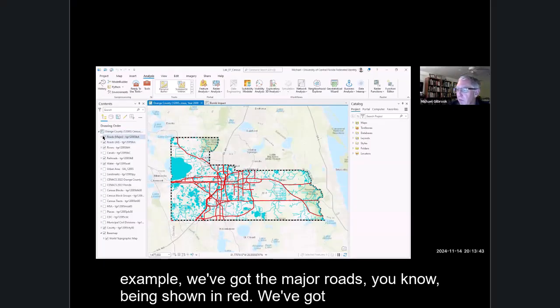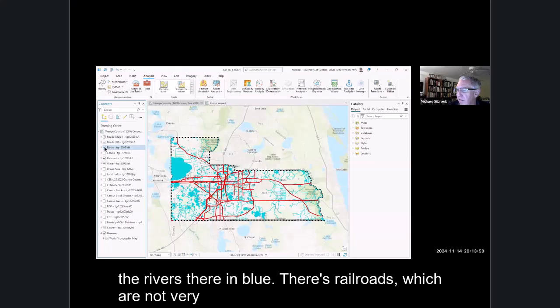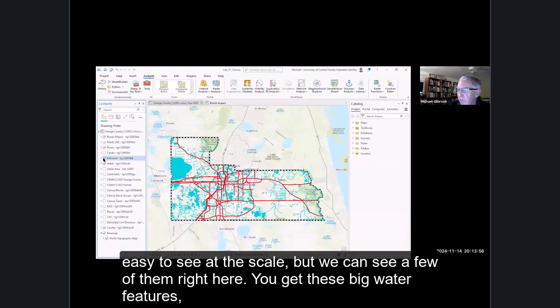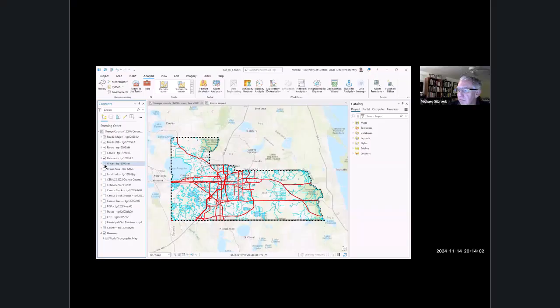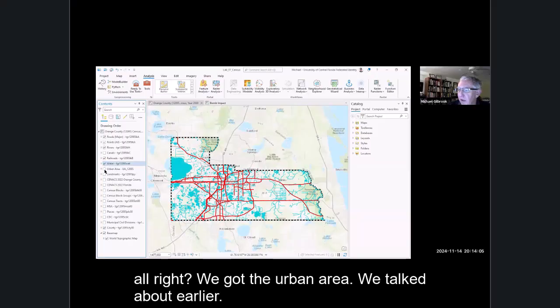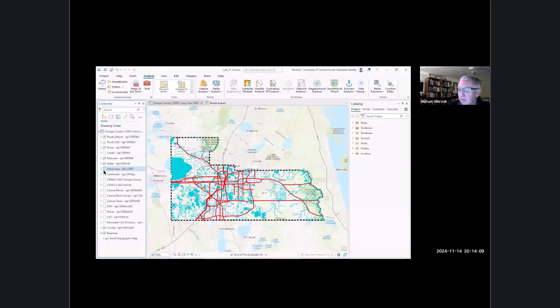We see here, for example, we got the major roads being shown in red. We got the rivers there in blue. There's railroads, which are not very easy to see at this scale, but you can see a few of them right here. You got these big water features. All right. We got the urban area we talked about earlier.